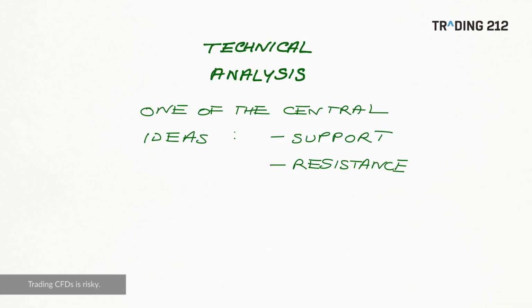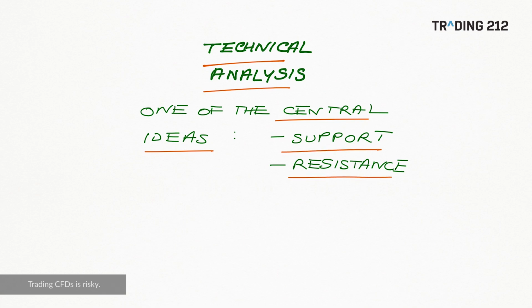So technical analysis is trying to answer some pretty basic trading questions, and one of the central ideas behind technical analysis that helps answer these questions are the concepts of support and resistance. So let's quickly look at a chart now and then explain support and resistance.